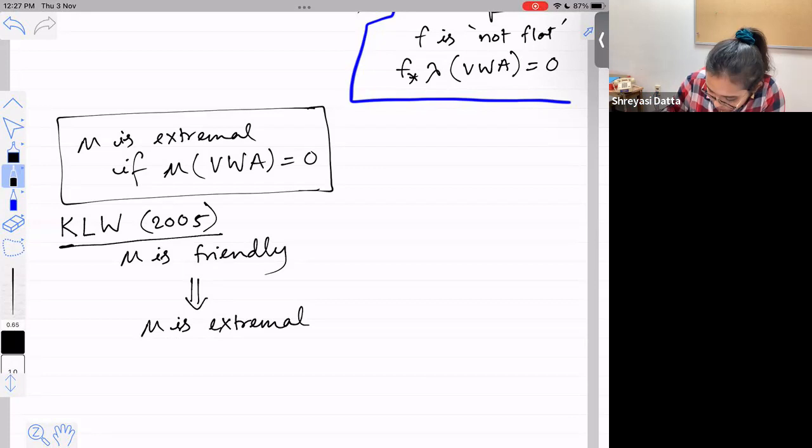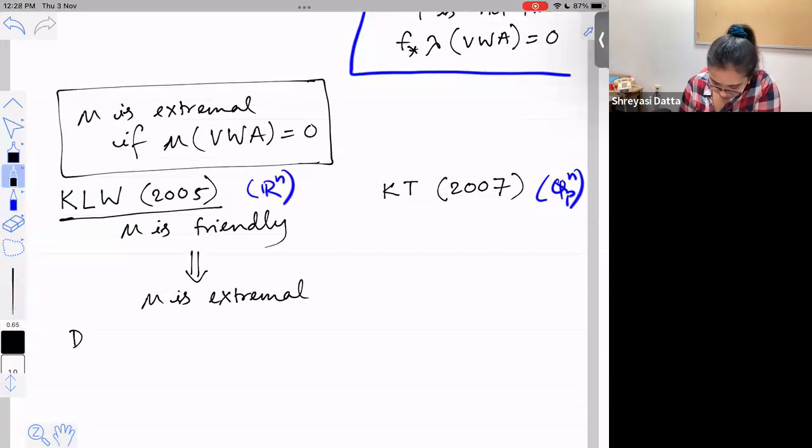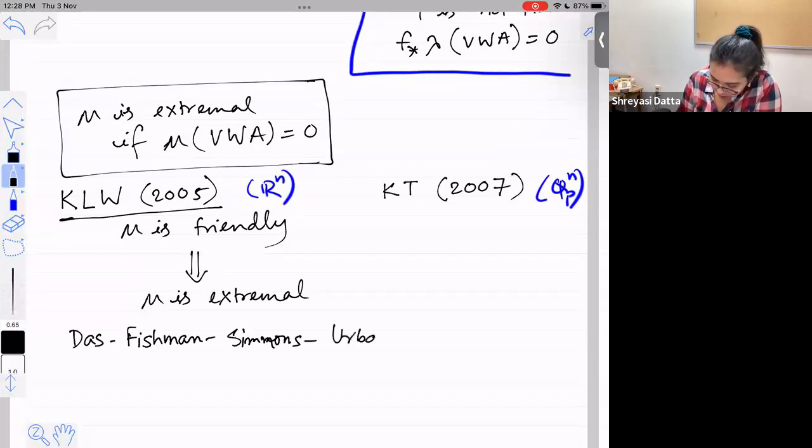Kleinbock and Tomanov in 2007 proved the same result for Q_p^n. And I want to also mention a relatively recent work by Dash, Fishman, Simmons, and Urbanski, where they in fact relaxed the condition of friendliness.